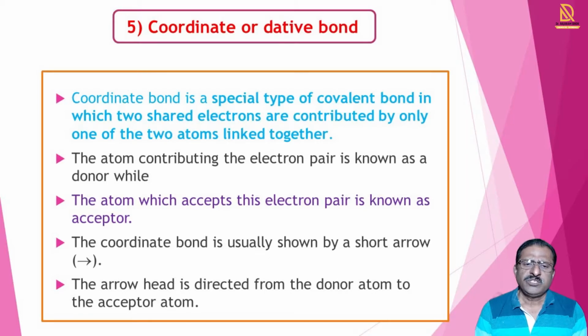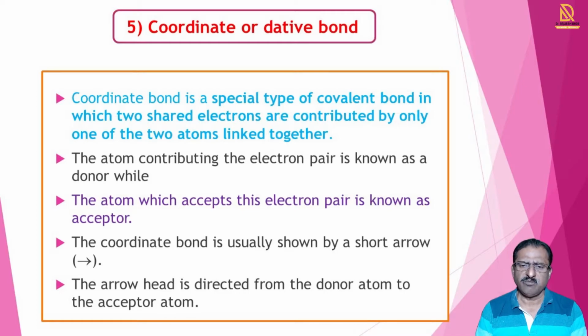Now we see one of the terms, that is coordinate bond or dative bond. In a coordination compound, the bond present is called a coordinate bond. That bond is also called a dative bond. This coordinate bond is a special type of covalent bond in which two shared electrons are contributed by only one of the two atoms linked together.